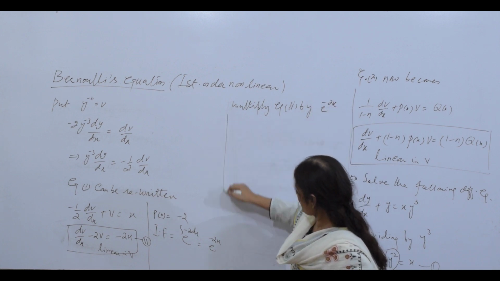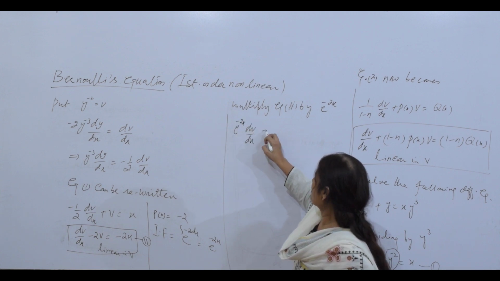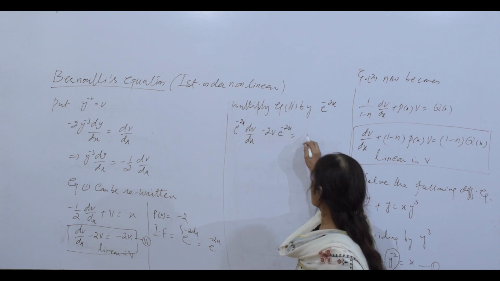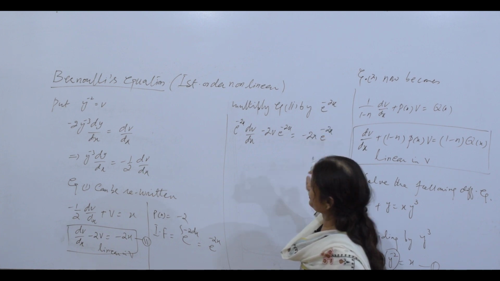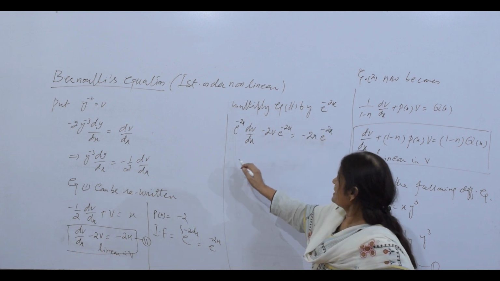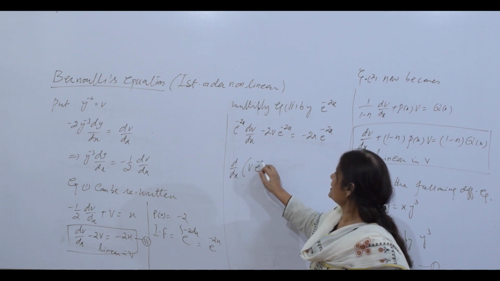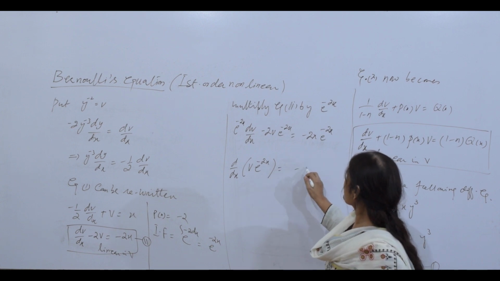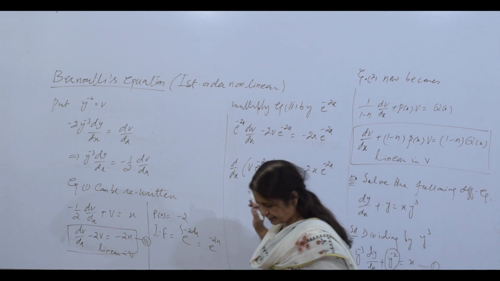So this becomes e minus 2x dv by dx minus 2v e minus 2x is equal to minus 2x e minus 2x. The left hand side can be written as d by dx of v e minus 2x. And this is minus 2x e minus 2x.